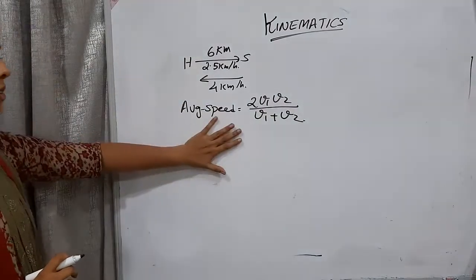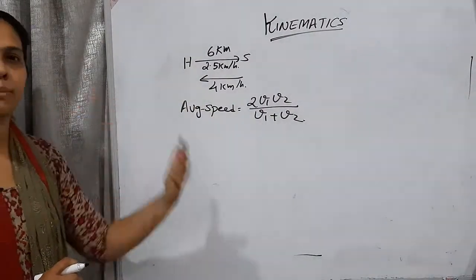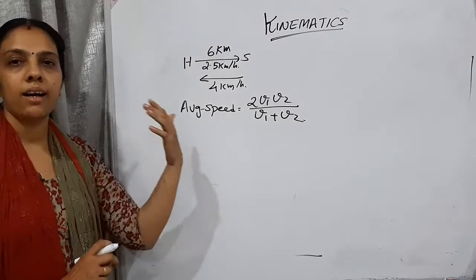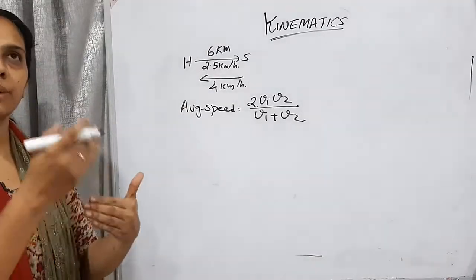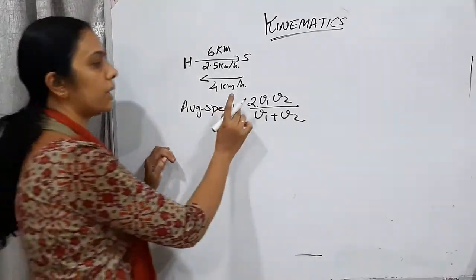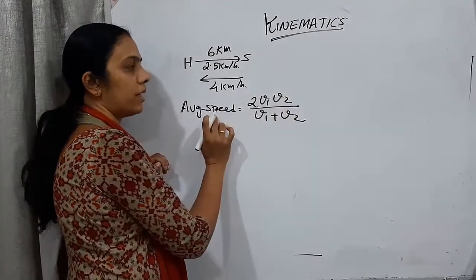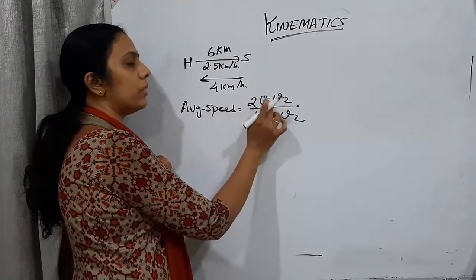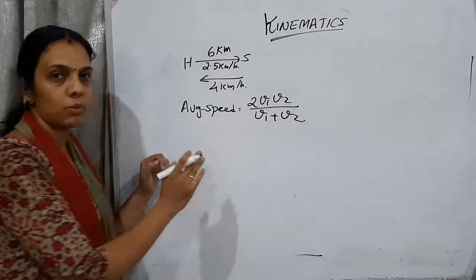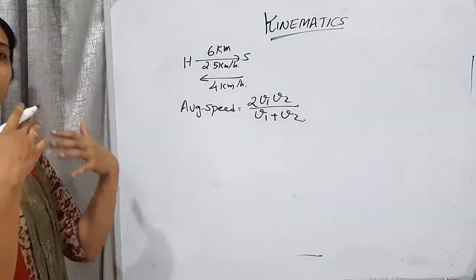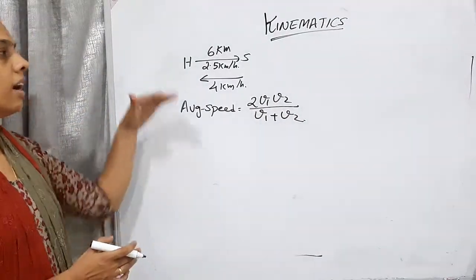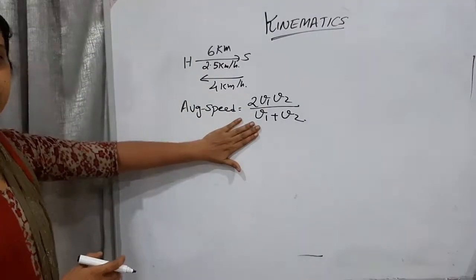Instead of considering the time as t1 and t2 and distance in that way, we derived the equation. So you can memorize this equation for finding the average speed, 2v1v2 divided by v1 plus v2. Instead of calculating or deriving those formulas, you can directly use this formula.